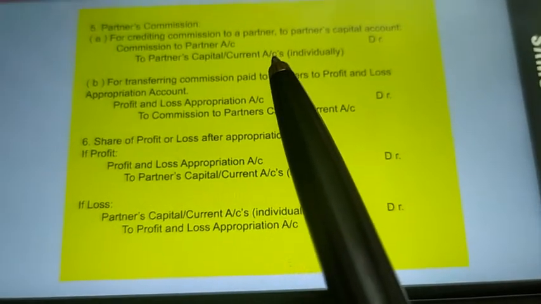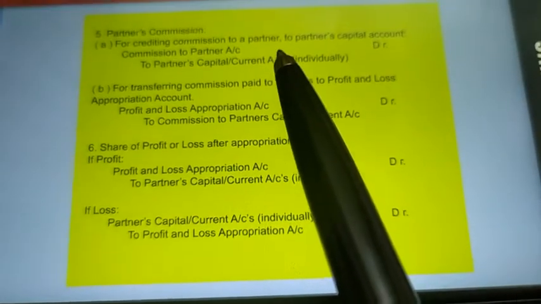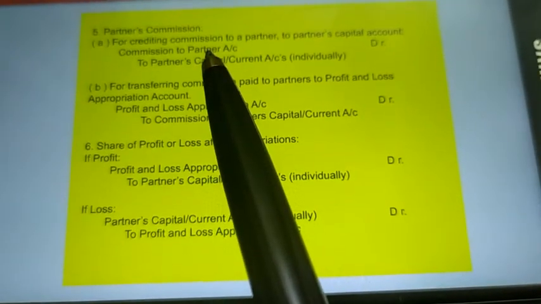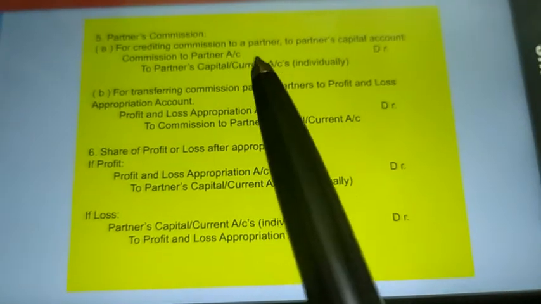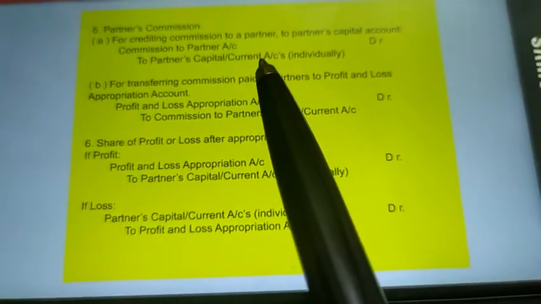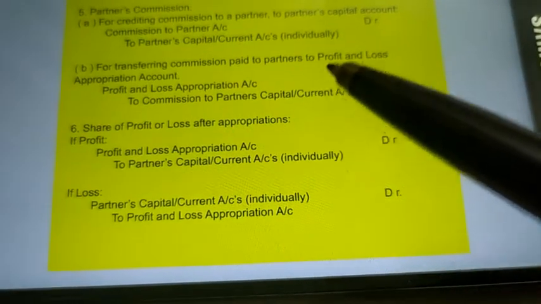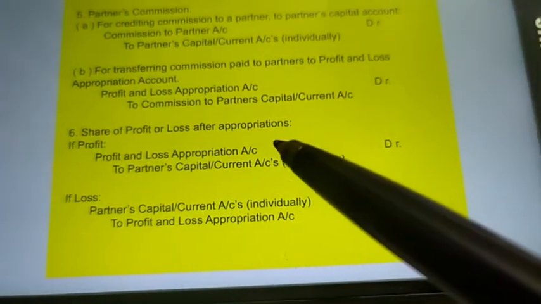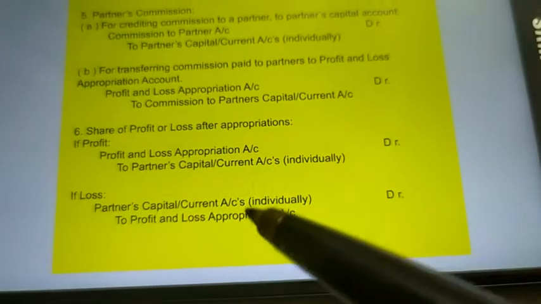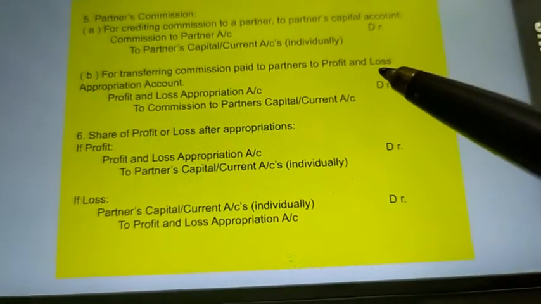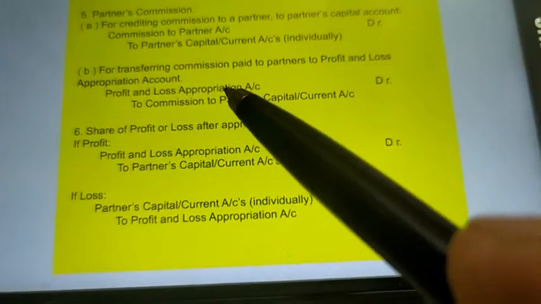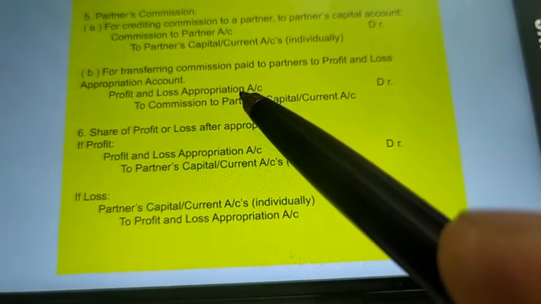Why are we crediting the partner's capital account or current account? Because commission is a form of earning for the partner. Anything which the partner earns from the firm is always credited to their capital account, whereas whatever the firm is paying to the partners is debited to the profit and loss appropriation account.